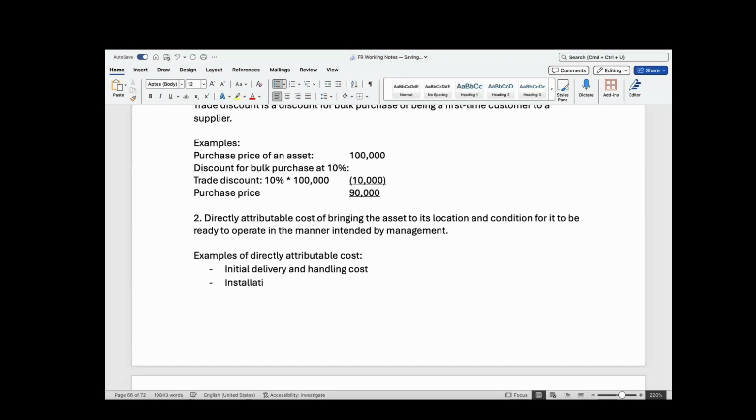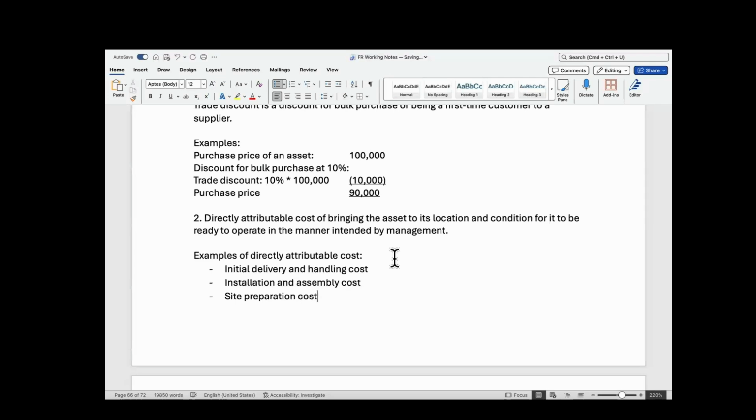The next one after initial delivery and handling is when you have dropped it, then you need to incur installation and assembly costs. When you take it to where you want to use it, you will need to install and assemble the assets. The cost you incur for that would also be a directly attributable cost. You might need to do some site preparation costs.